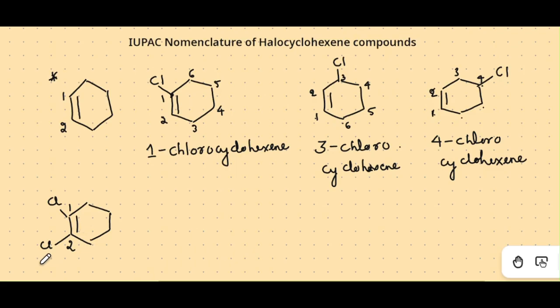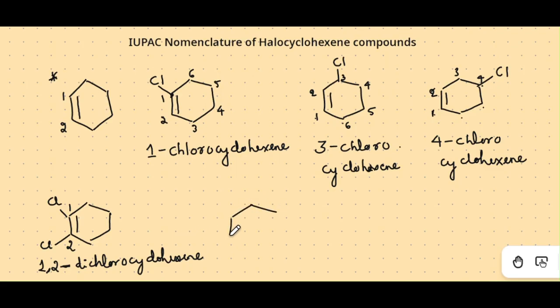And it is 1, 2. Since there are 2 chlorines, you have to call it dichlorocyclohexene. Between numbers you have to use the comma, between a number and letter a hyphen. Therefore 1,2-dichlorocyclohexene. This is the correct IUPAC name of the molecule.